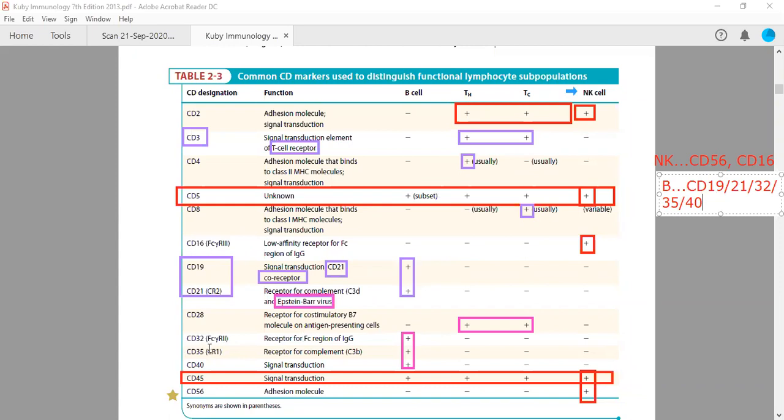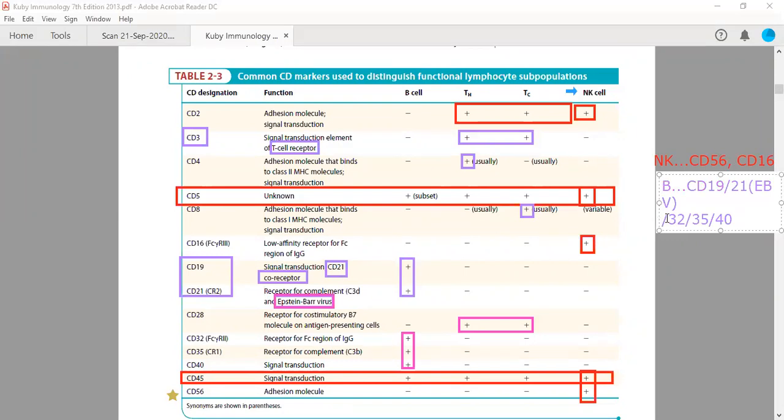Also you need to remember that CD21 is used by the Epstein-Barr virus. This is very, very important. So CD21 is used by the Epstein-Barr virus, EBV. You can write EBV here so that you can remember it uses this to recognize or to do infection.